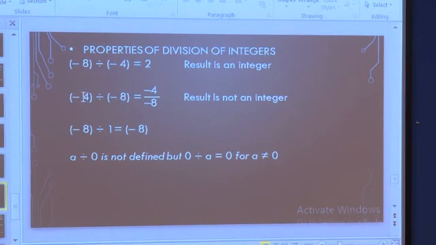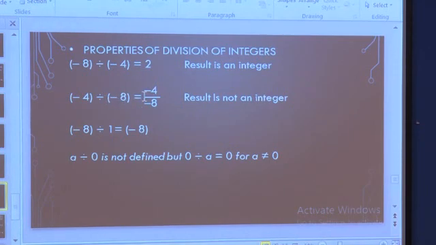The commutative property is not valid for the division of integers, because here we will see an example. Here minus 4 divided by minus 8. What had I done? I had just changed the places, but we are not getting the same answer, we are not getting an integer, we are getting a fraction.